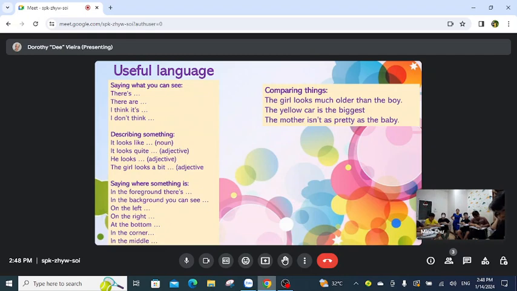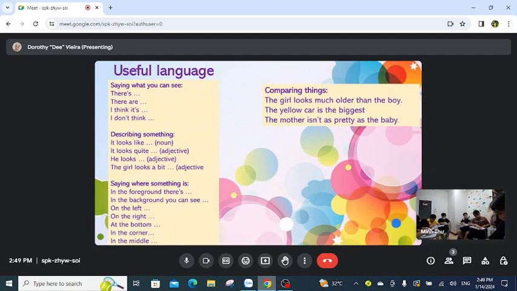And then it's very good if you can compare things. The girl looks much older than the boy. The girl is much taller than the boy. The yellow car is the biggest. The blue car is the smallest. The green car is the biggest, smallest.